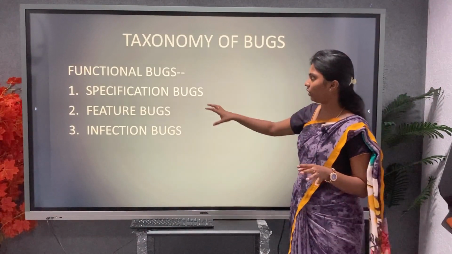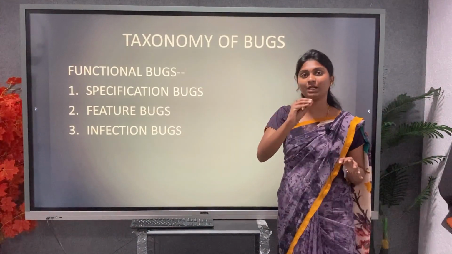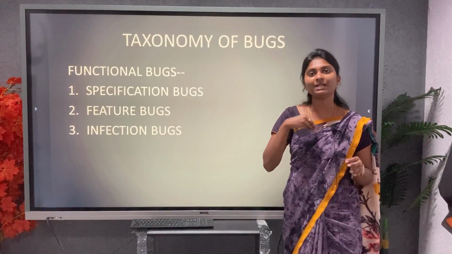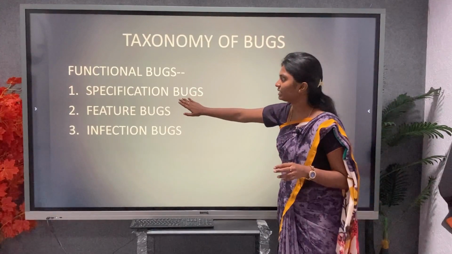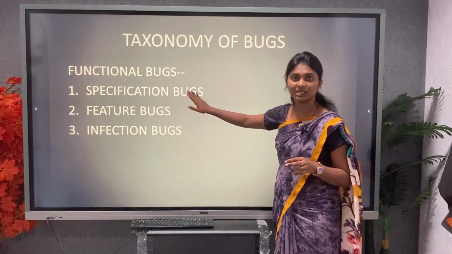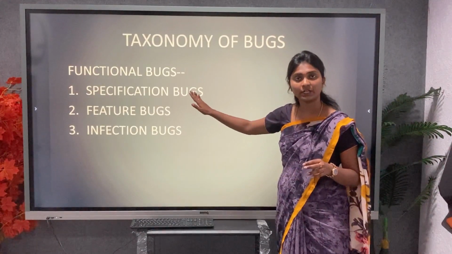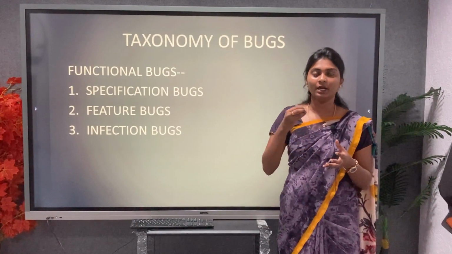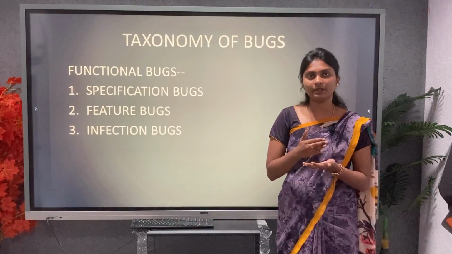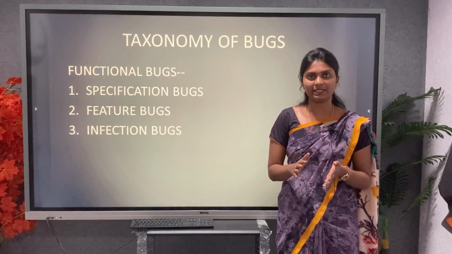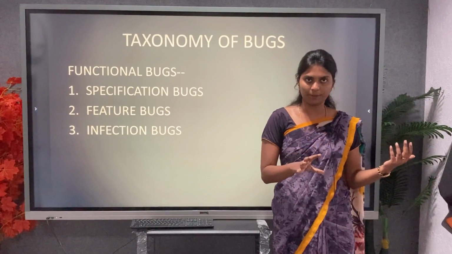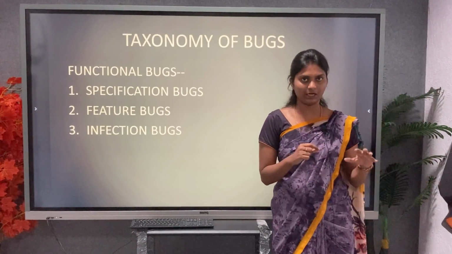Okay, now we will talk about functional bugs. Functional bugs are nothing but internal bugs, which are the specification bugs. What do specification bugs mean? Internal bugs are those where we rectify off data or incomplete data. When we copy external resources of a particular program, we develop from the external copy only.